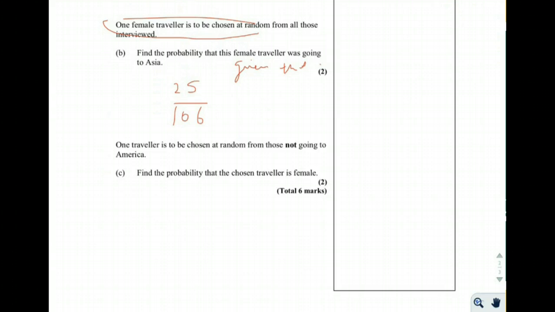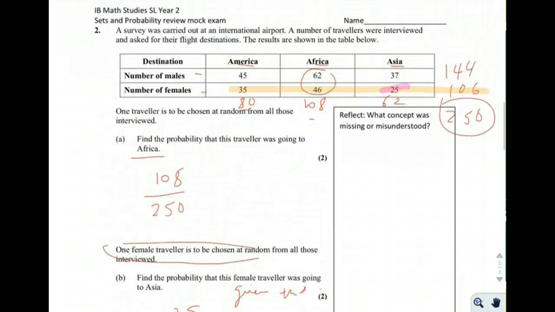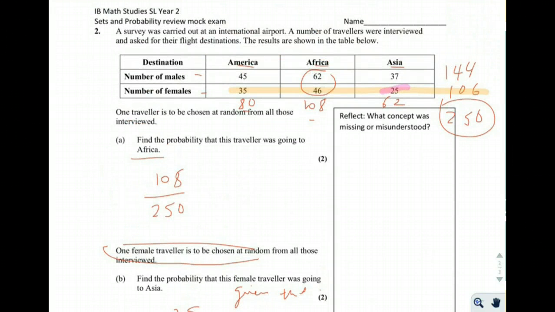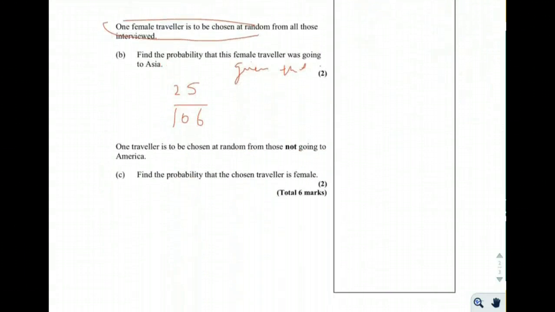Now last one. One traveler is chosen at random from those not going to America. So how many would that be? So not going to America would be the people going to Africa and the people going to Asia. So that would be 108 plus 62. That would be 170 people not going to America. So, okay, one traveler has been chosen at random from the 170 people not going to America.